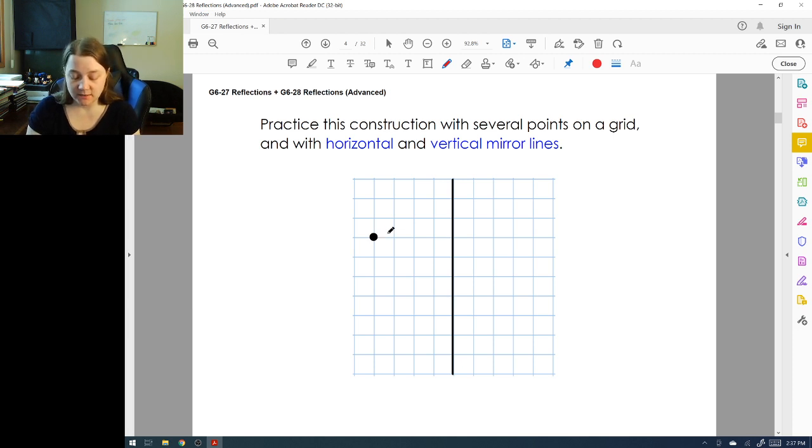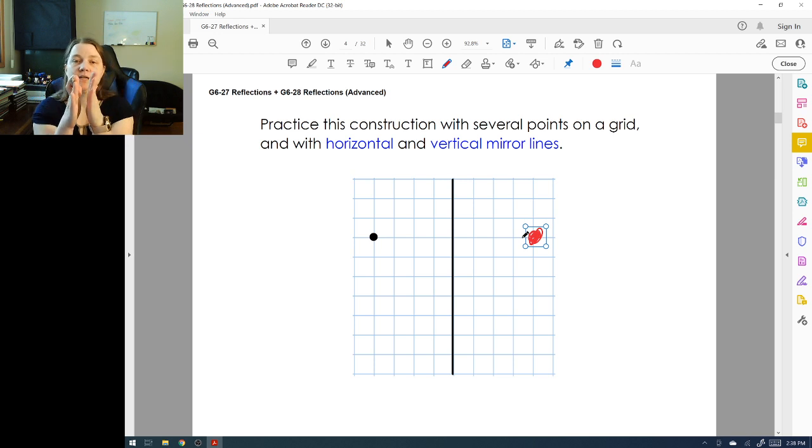This point ends up being 1, 2, 3, 4 points away, which means the reflected point will need to be 1, 2, 3, 4 points away as well. So we would put the point right there because it is the same distance from the mirror.